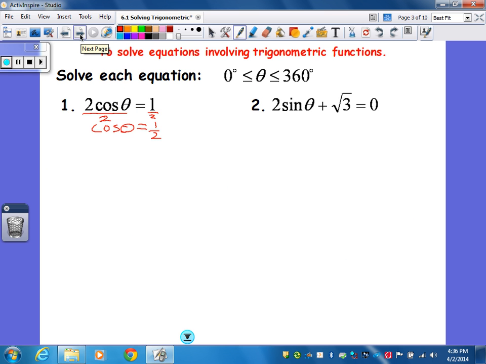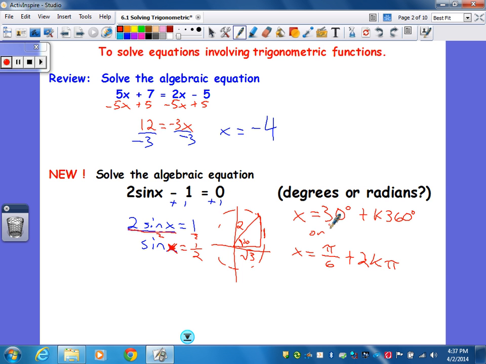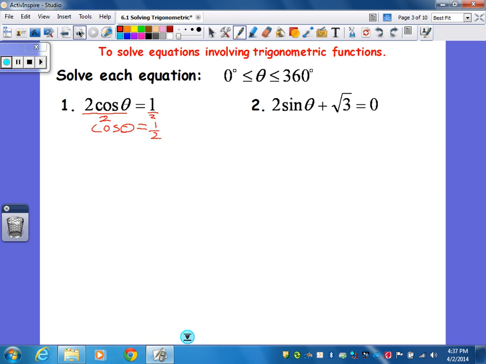That's not the same thing as this, so we know it's not going to be 30 degrees, it's going to be the 60-degree angle. Or if you need to draw a picture, cosine is adjacent over hypotenuse. Thinking about the unit circle, that's our 60 degrees. So theta is equal to 60 degrees.